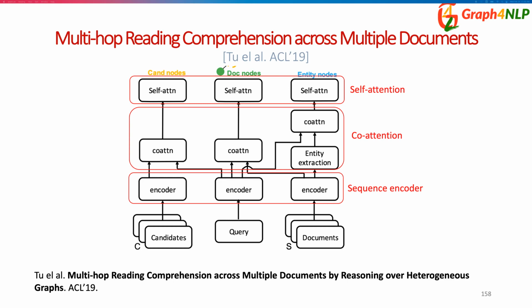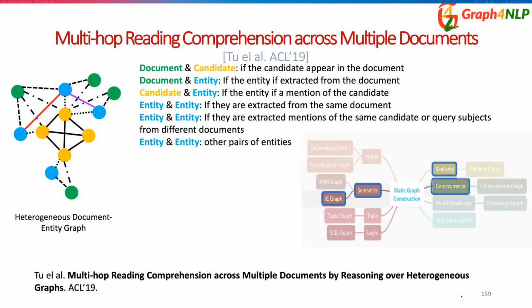So co-attention enables the model to consider codependency between query and document, query and candidate and mentions, and self-attention pruning summarizes the information presented in the co-attention output by computing a score for each word in the sequence.